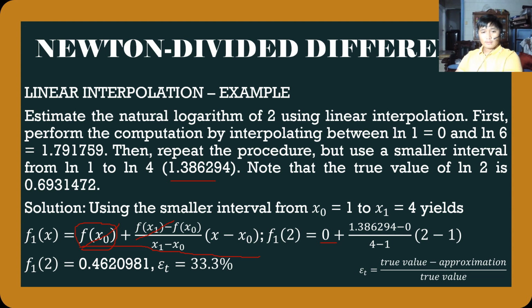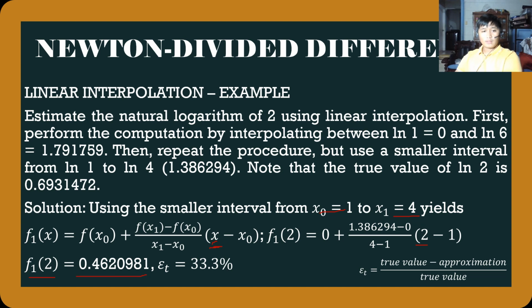And then the value of f of x sub 0 is still 0, and then x sub 1 is 4, x sub 0 is 1. Times the value of x, since again we are interested in f of 2, we let the value of x be 2.